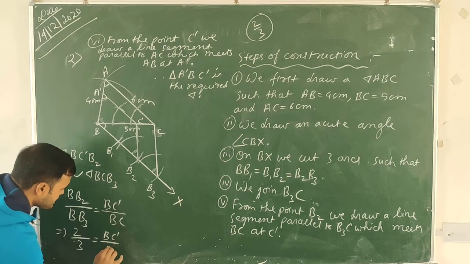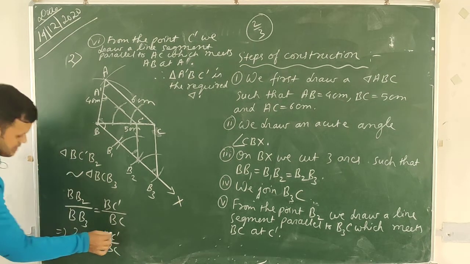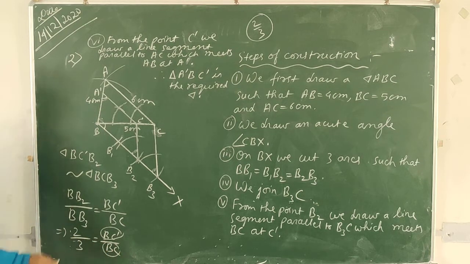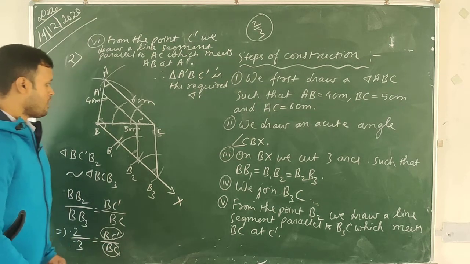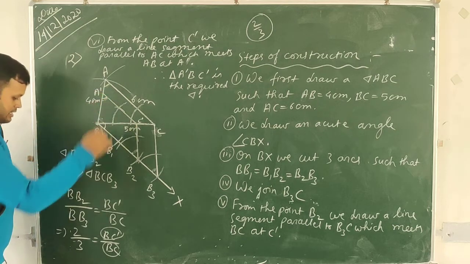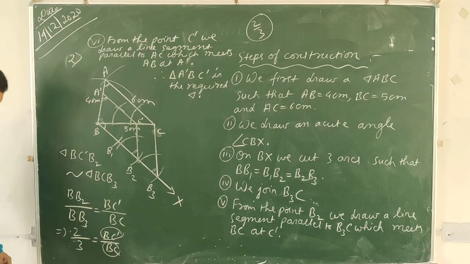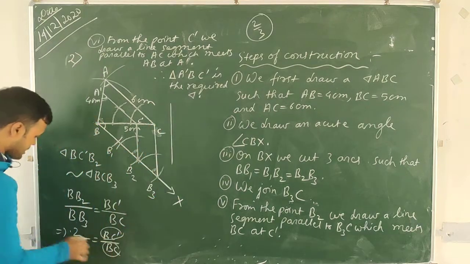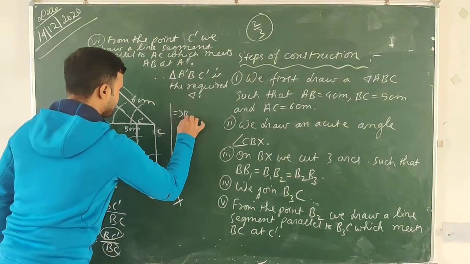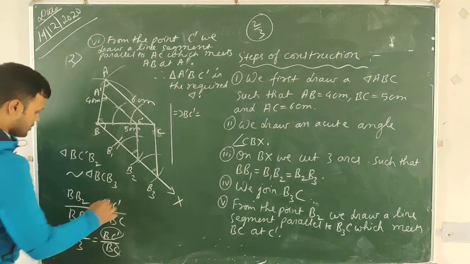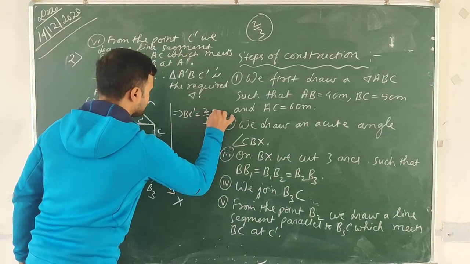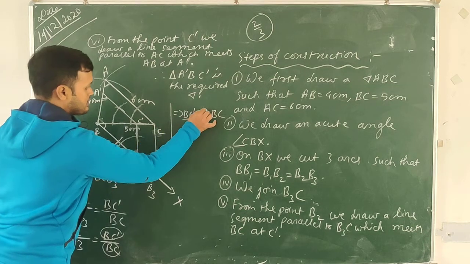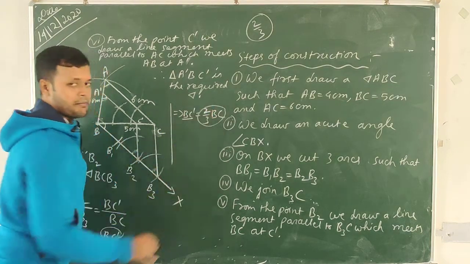So BC dash by BC became 2 by 3. So that's why all the sides of the smaller triangle are 2 by 3 of the bigger. If I now cross multiply, BC dash is equal to 2 by 3 of BC. That means each side of the smaller triangle will be 2 by 3 times of the bigger triangle.